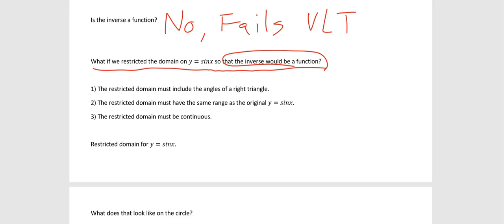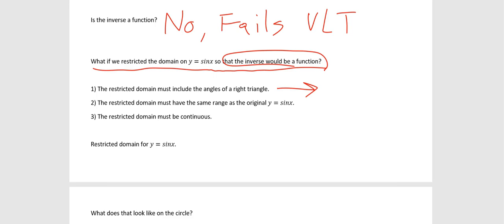There are 3 criteria that must be met in order to do this correctly. Number 1, the restricted domain must include the angles of a right triangle. So, what would that include? And if you don't mind speaking radian, that would be wonderful. Right triangles.